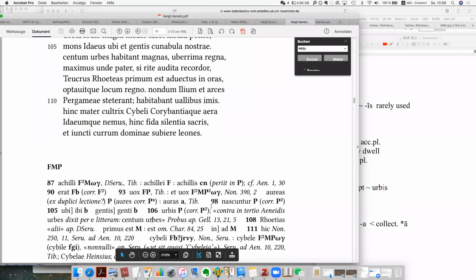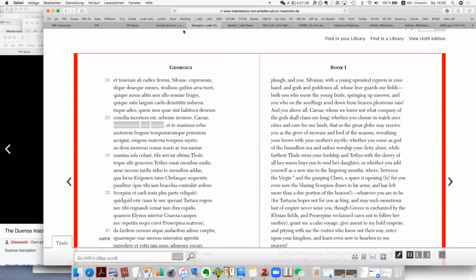So it means that Urbis is preserved in one manuscript called P, but an ancient author says that in this place we have an A, and it should be Urbis. Okay, so this is one sentence, and then let's check another sentence.